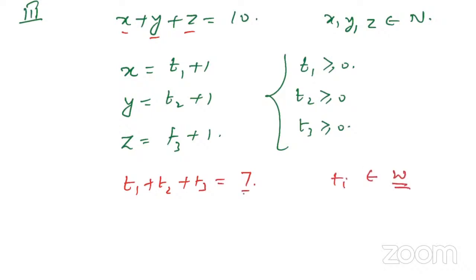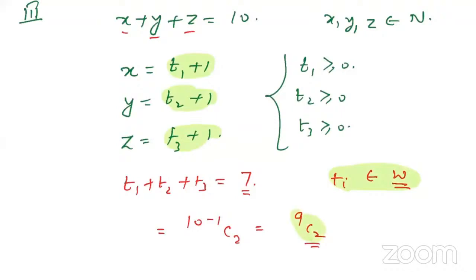Now I can apply the formula: 7 plus 3, 10, minus 1, C, 3 minus 1, that's 2. That is 9C2.